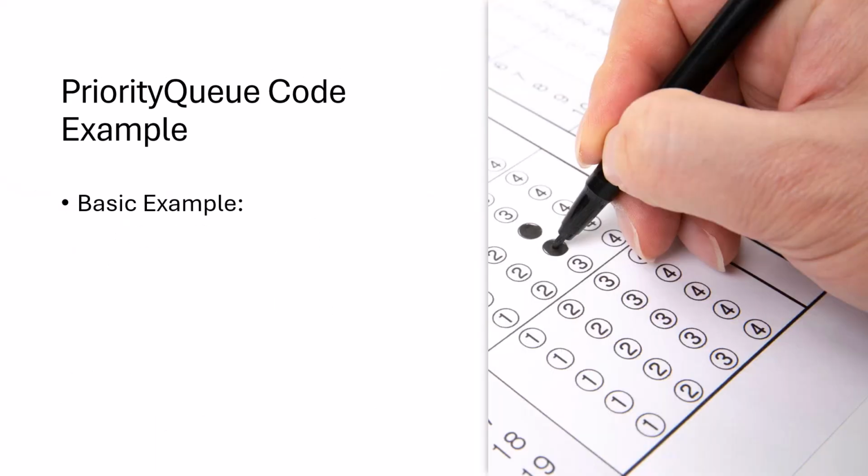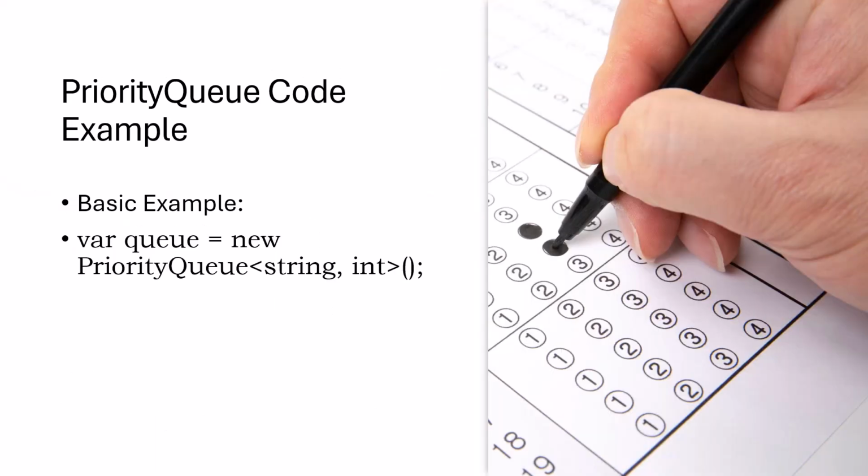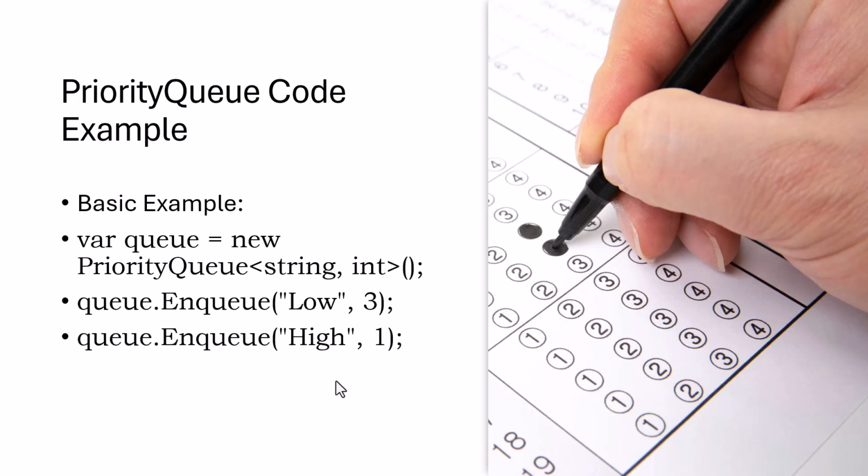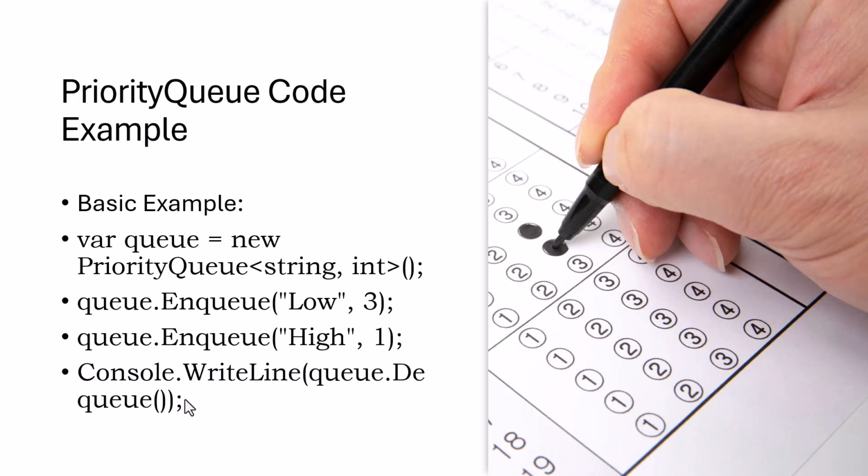Here's a basic example: queue equals new PriorityQueue with string and integer, and queue.Enqueue. First you enqueue, then dequeue. So enqueue a string of "low" with a priority weightage of 3, and then queue.Enqueue "high" with the priority of 1, the first priority.